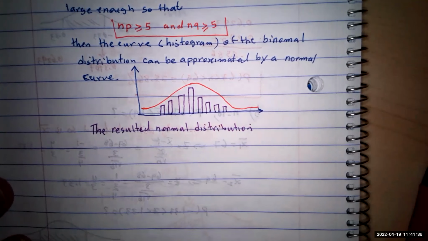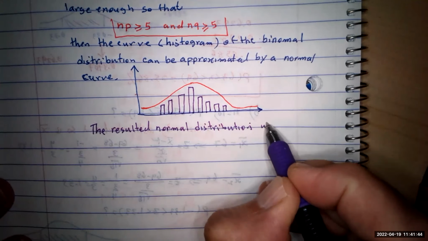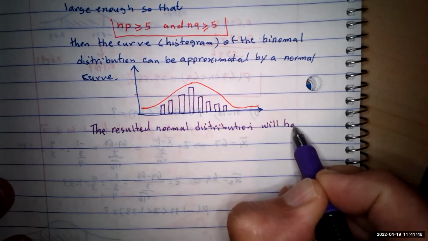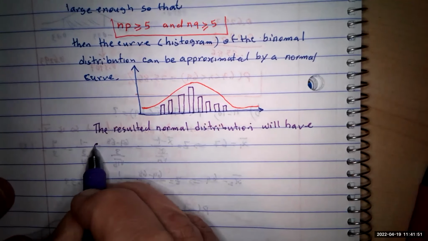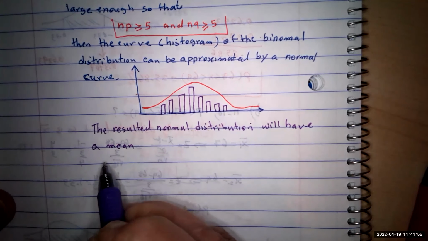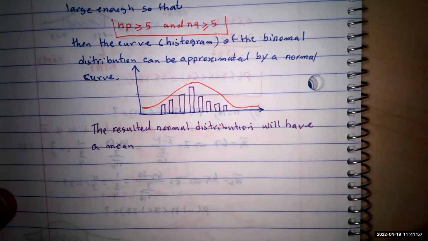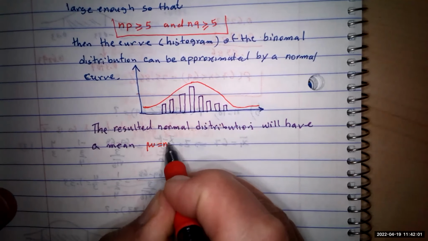You know that anytime you say normal, I need the mean and I need the standard deviation. So the resulting normal distribution will have a mean of, you did it on the quiz, question number 2. Remember, the mean in the case of the binomial, mu, is n times p.